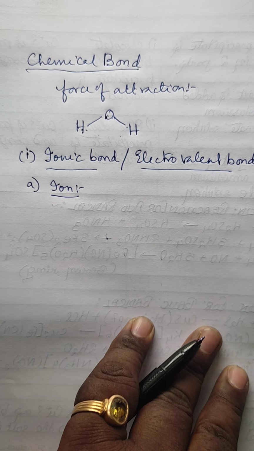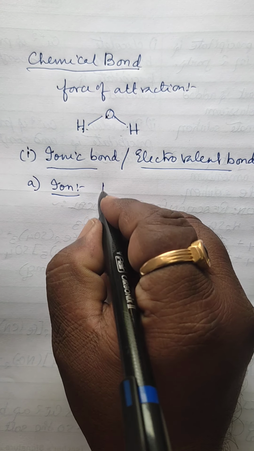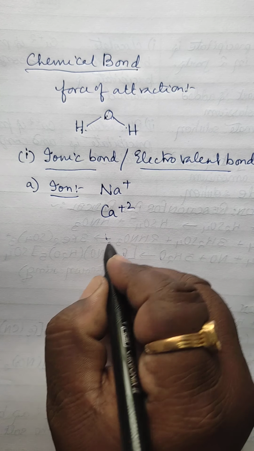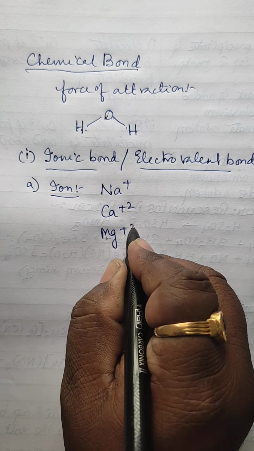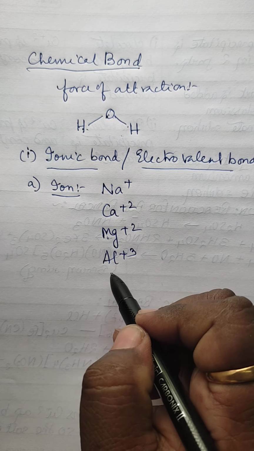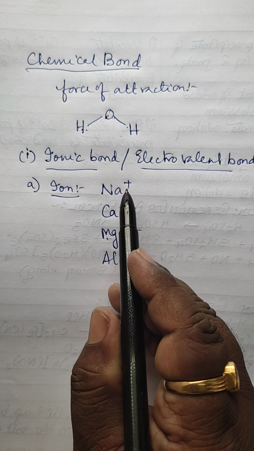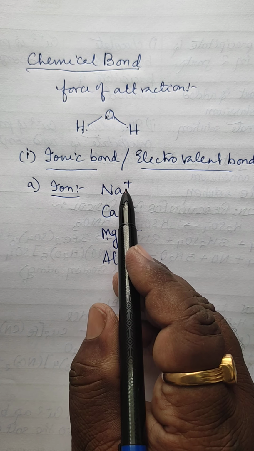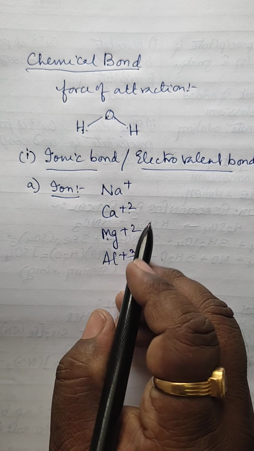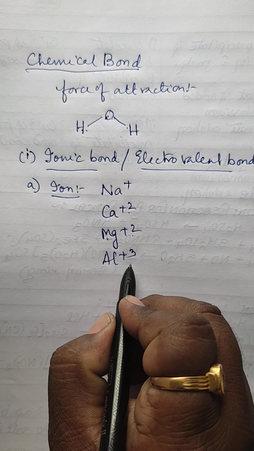Okay, so for example, we have ions like Na+, Ca2+, Mg2+, or aluminium Al3+. In all these cases they have a positive charge: sodium is positive 1, calcium positive 2, magnesium positive 2, aluminium positive 3.